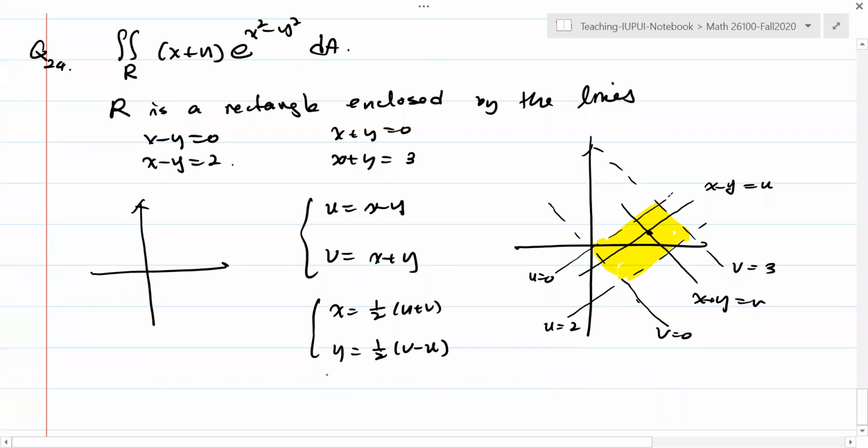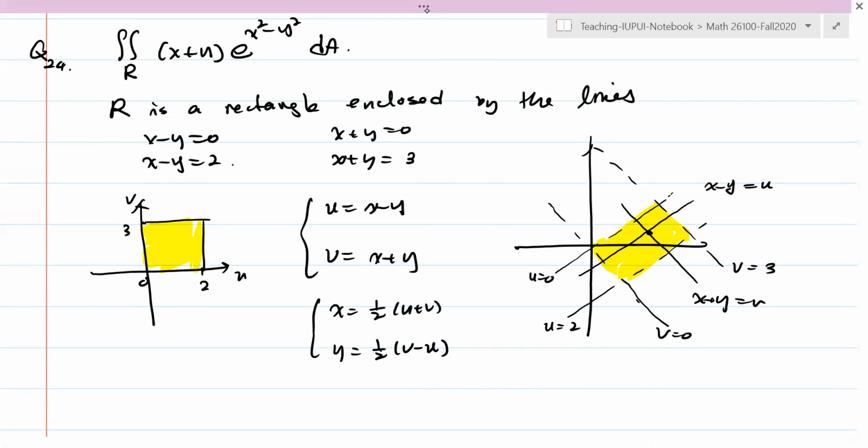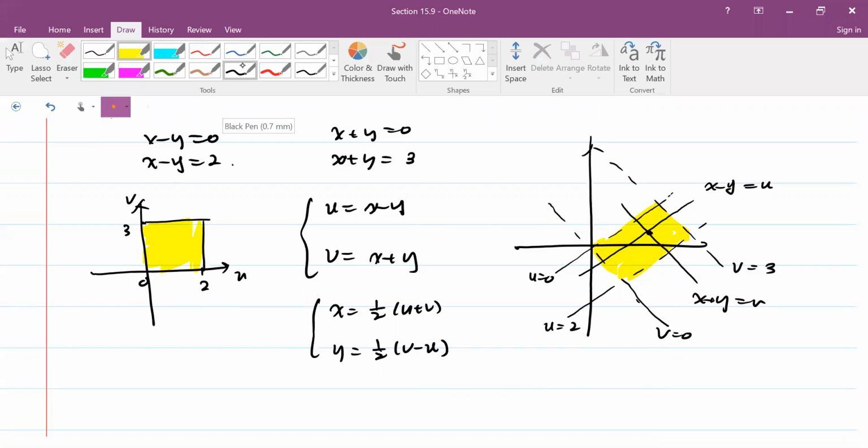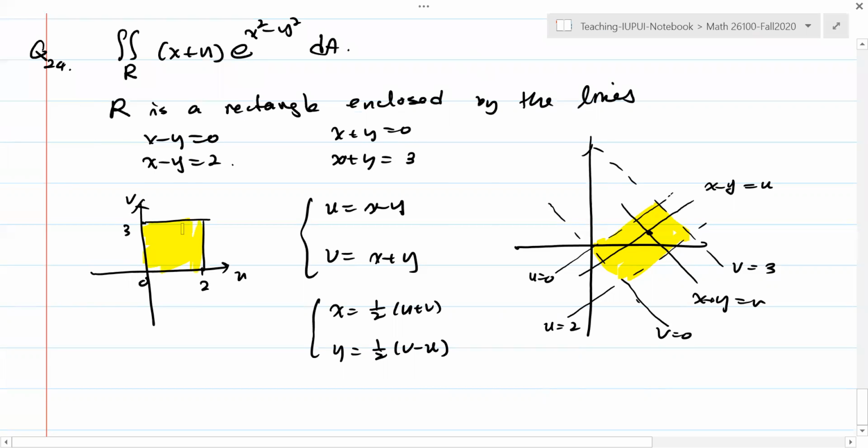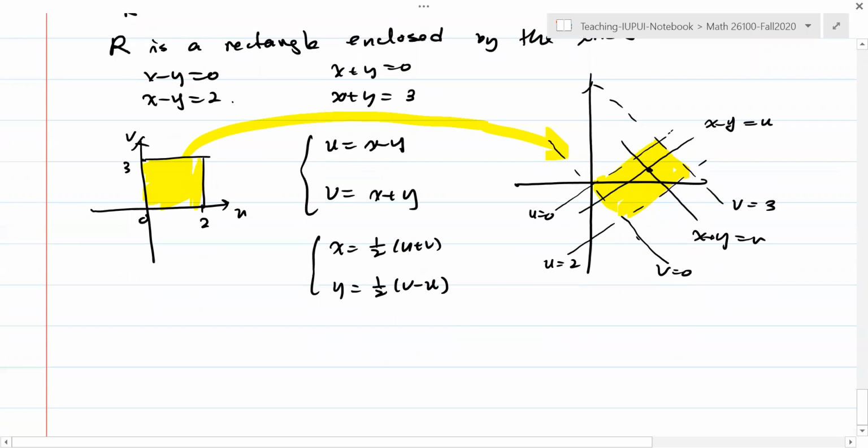So the pre-image is u between 0 and 2, v is between 0 and 3. So this rectangle under the transformation will be sent to here.